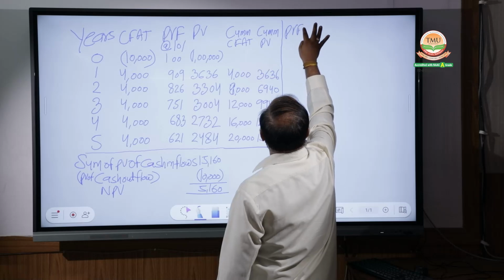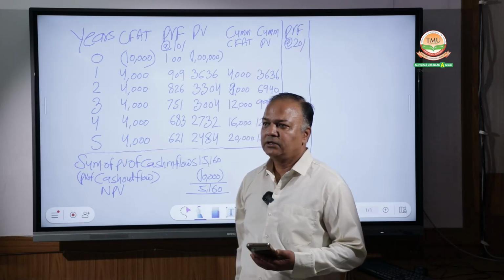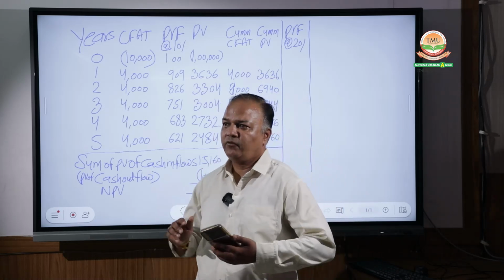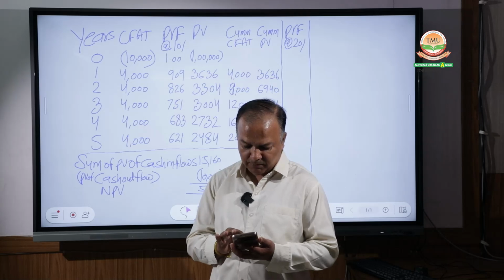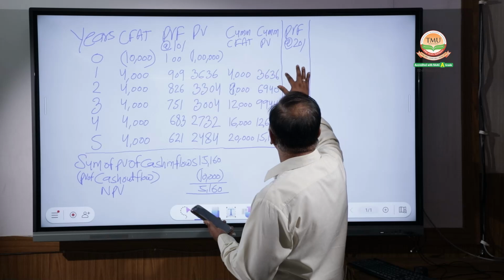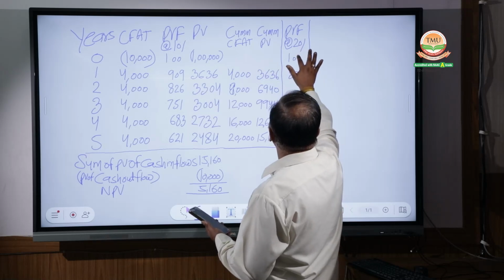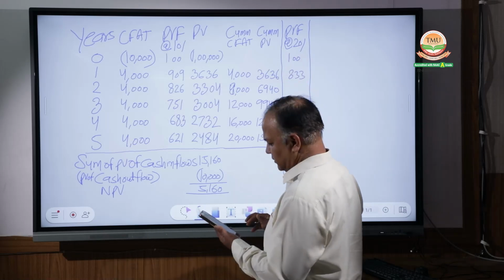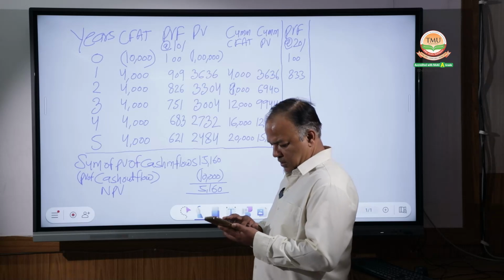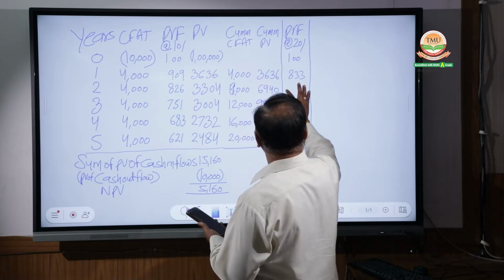I am taking the help of a calculator to find the present value factor. I am doing 100 by 120. This is 0.833. For 0 year, it is always 1. Into 100 by 120. This is 0.694.